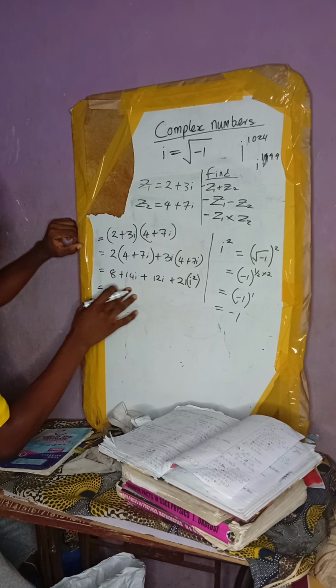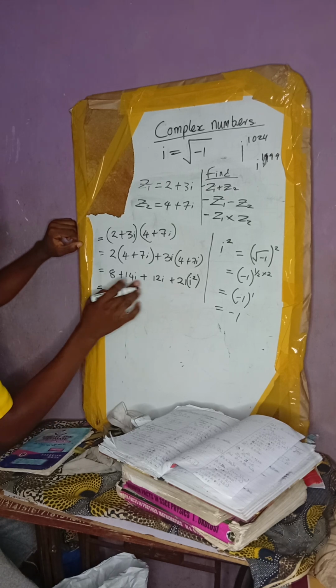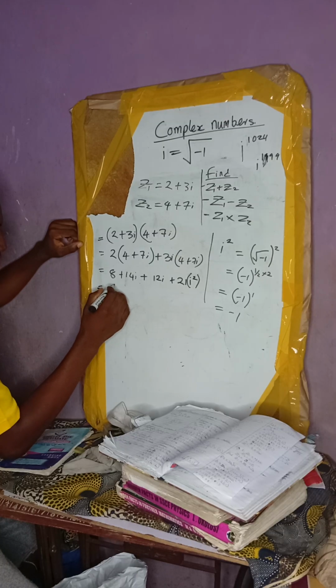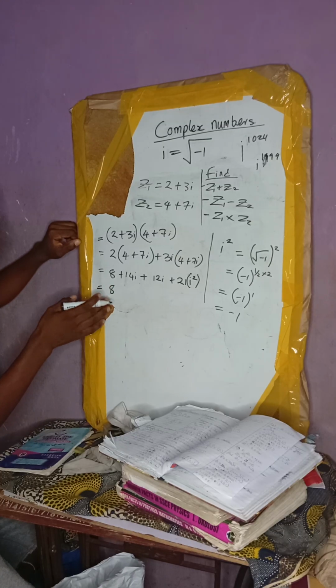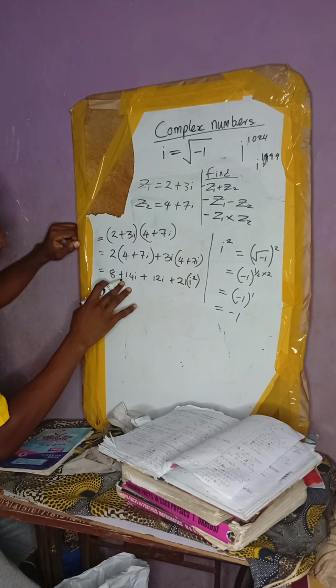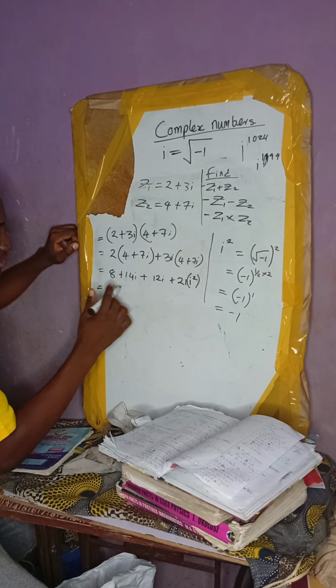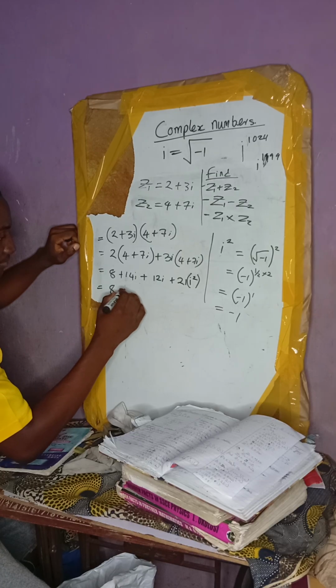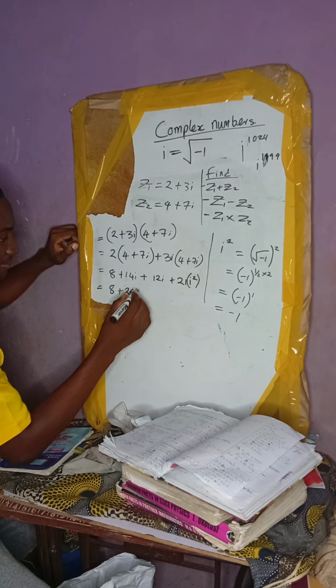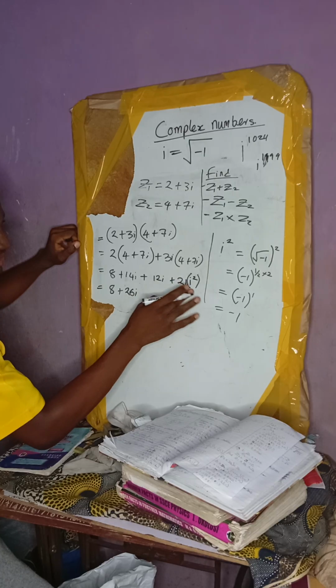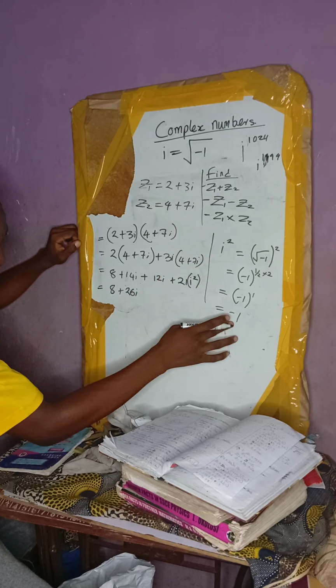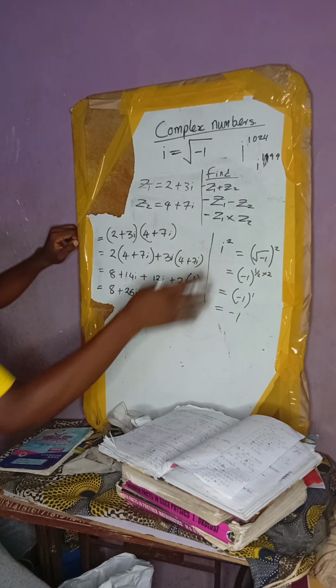So we have 8, the only natural number here. We have this plus this, that's going to give us 26i. And remember our i squared is negative 1. You must cram this one.